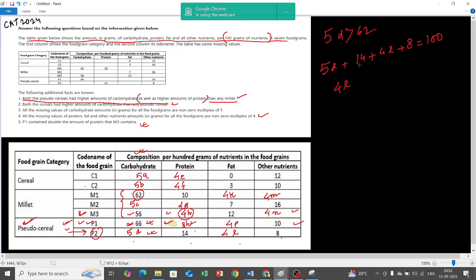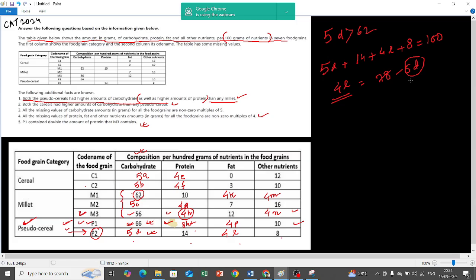Now 4L is going to be 78 minus 5D, right? Now what is 4L? 4L is a multiple of 4, yes or no? Because it has been given that the values of protein, fat and other nutrients, the empty spaces, are multiples of 4. So that means this 4L is a multiple of 4, right? And 5D is a multiple of 5.